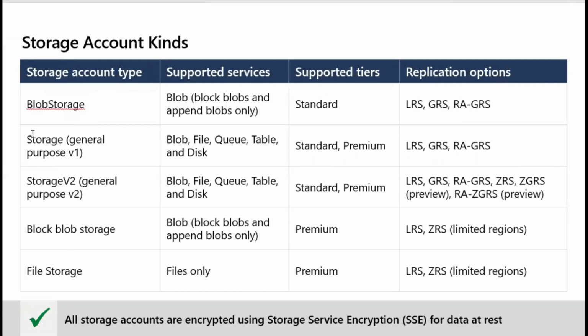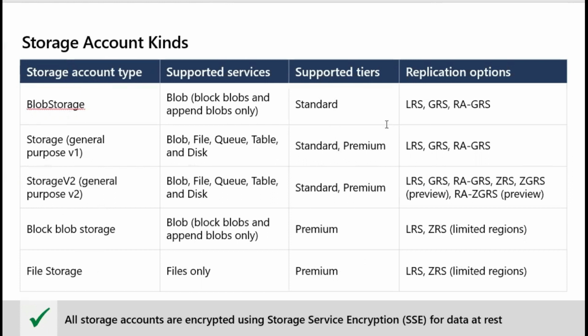We have multiple storage types, and each supports different services and different tiers, standard or premium. Let's say you want file storage. For that, you should have premium storage. Then we can have different redundancy options.